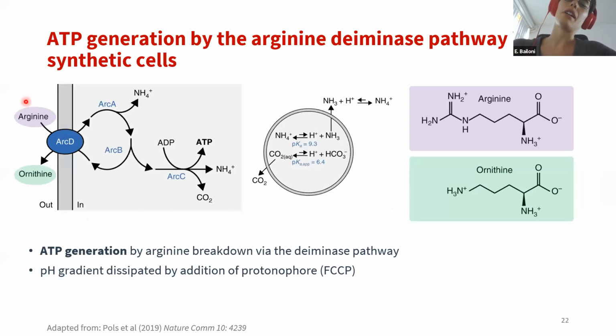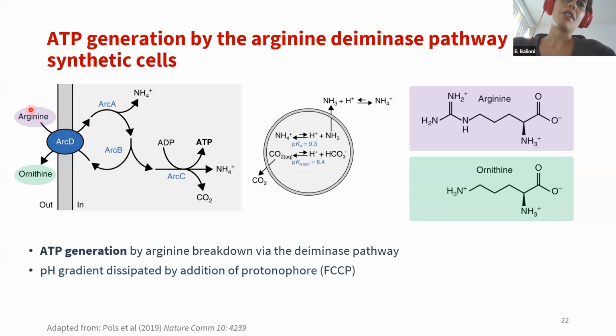This is a fairly simple pathway that is only composed of 3 soluble enzymes, ARC-A, ARC-B, and ARC-C, plus a membrane antiporter, ARC-D. And the beauty of this pathway is that it takes up one arginine molecule from the external medium, and through a few enzymatic steps, it converts it into one ornithine molecule that is exported back by the very same enzyme that imports the substrate.